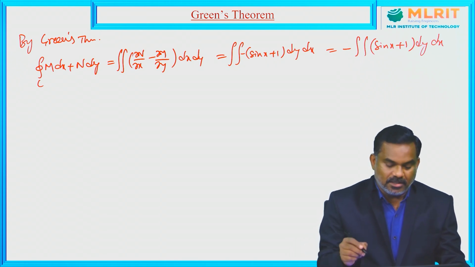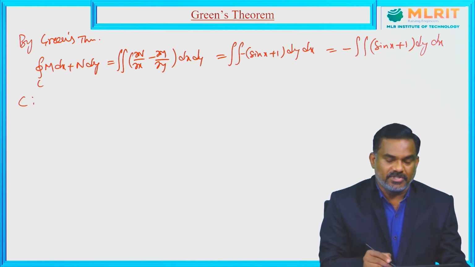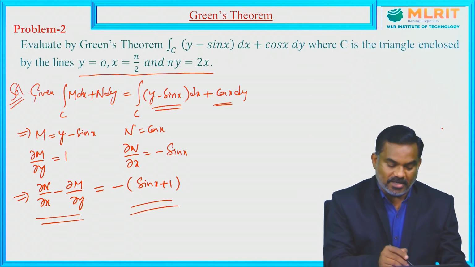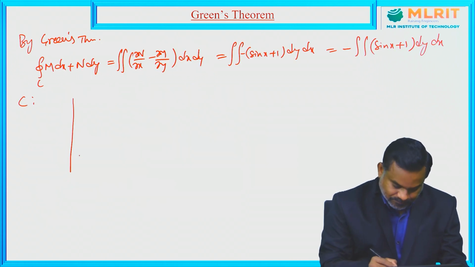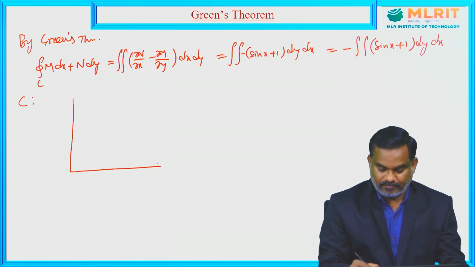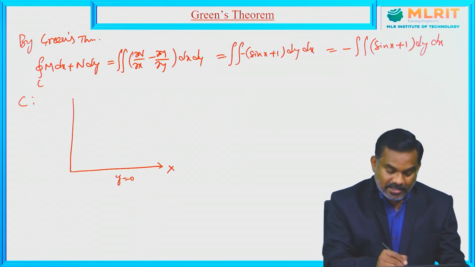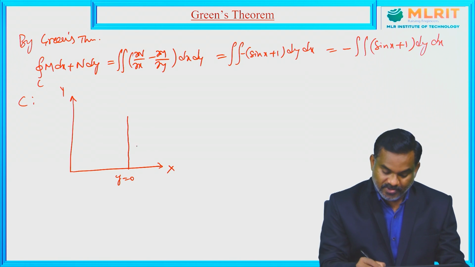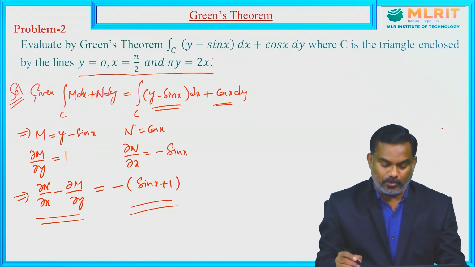For that, let us consider the curve. The curve is a closed curve, a triangle bounded by the lines y equal to 0, which is the x-axis, then x equal to π/2, a line parallel to the y-axis, and πy equal to 2x.